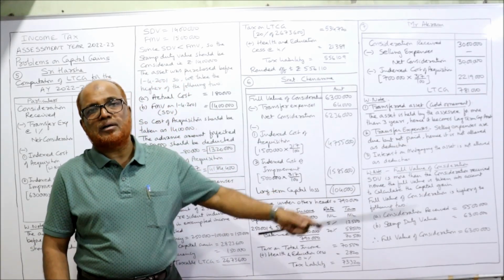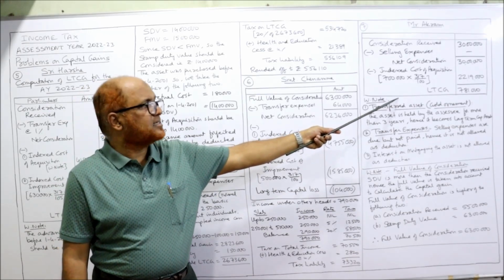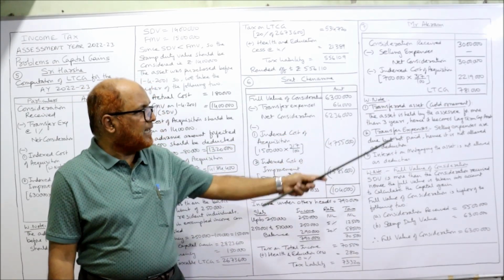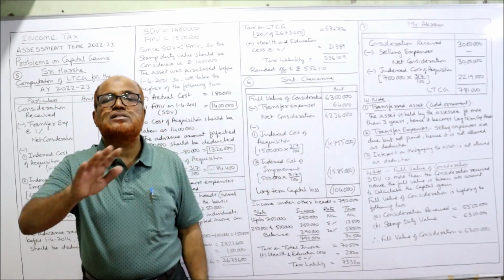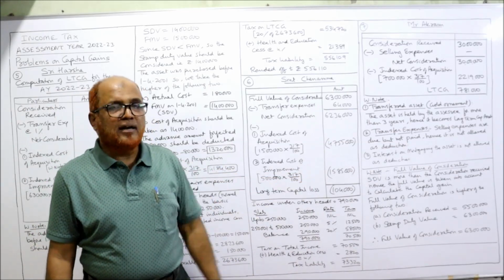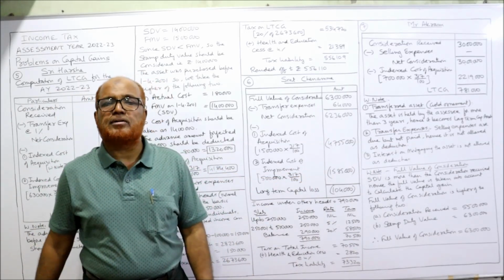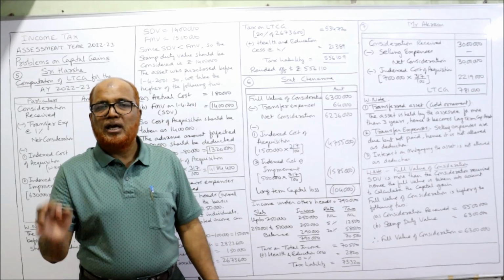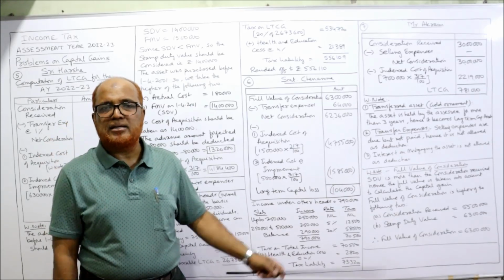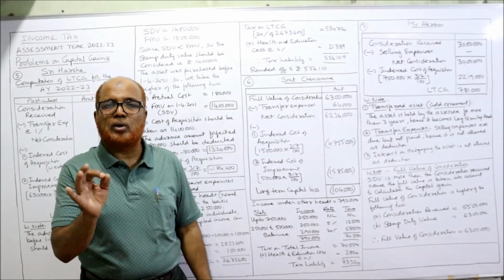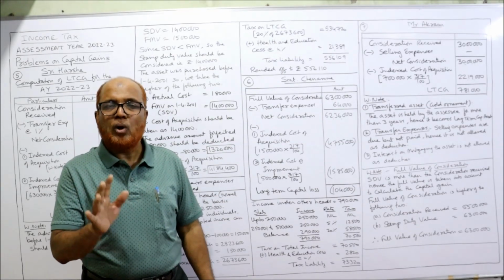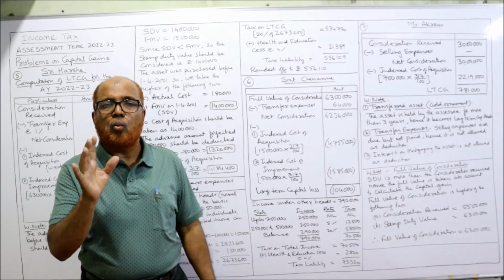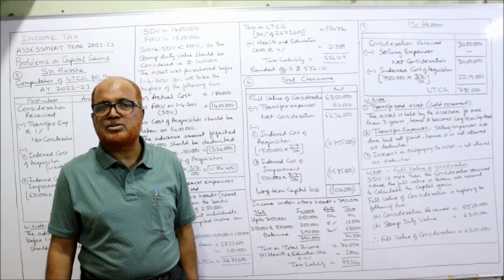Hence it is a long-term capital asset. Gain arising is LTCG. Then transfer expenses: selling expenses are due but not paid, hence not allowed as deduction. And interest on mortgaging the ornament is not allowed as deduction. In examination, you must write all the working notes. Simply don't calculate and come out. You have to write. The examiner will see what information you have regarding all these points.